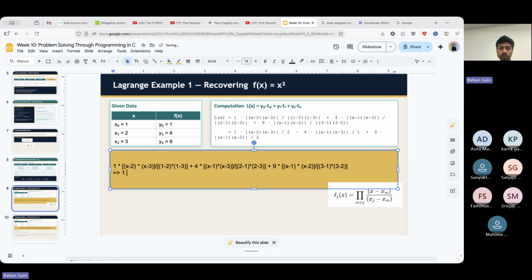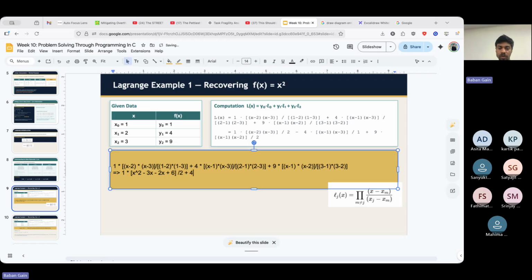So 1 into within bracket x square minus 3x, then minus 2x plus 6, right? And at the denominator, you have minus 1 into minus 2. So that is 2. Minus 1 into minus 2, minus will get cancelled. So it is like 2.